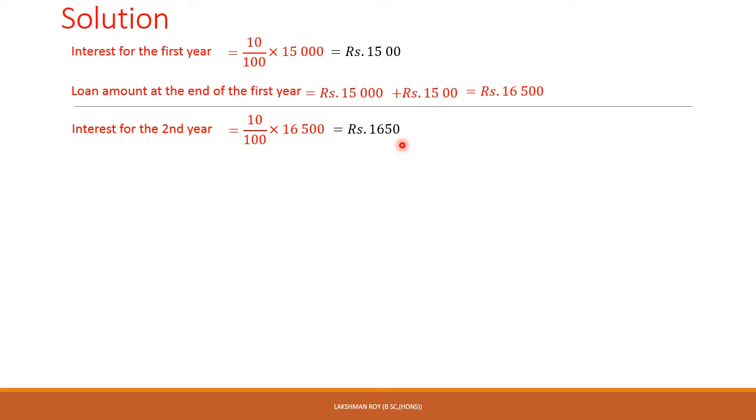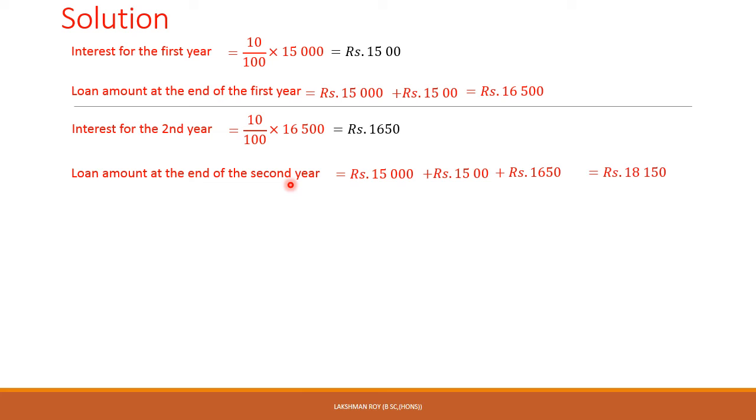Now when you go to the third year, first you have to find the loan amount at the end of the second year. At the end of the second year, the remaining borrowed amount is 15,000 loan, the first year interest 1,500, and also the second year interest 1,650. So this all remains at the end of the second year, right?